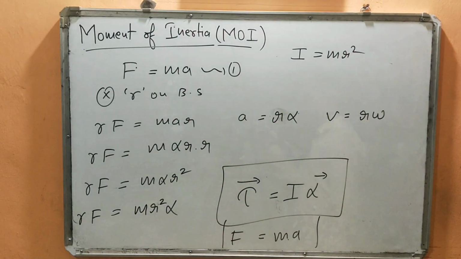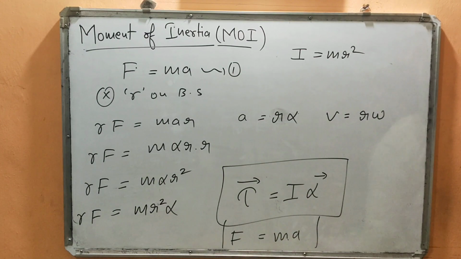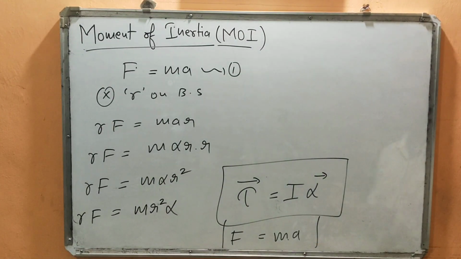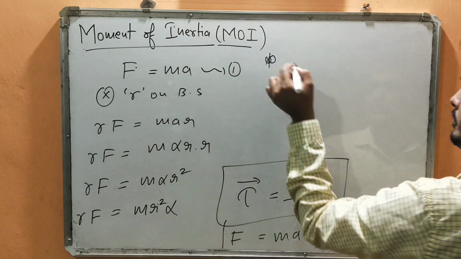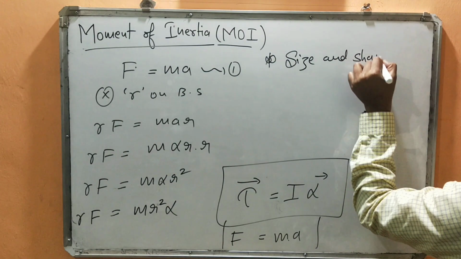Are you understanding how I got that? I equals mr². So is it easy to understand? Yes. So now this moment of inertia, on what factors does it depend? First, it depends upon the size and shape of the body.